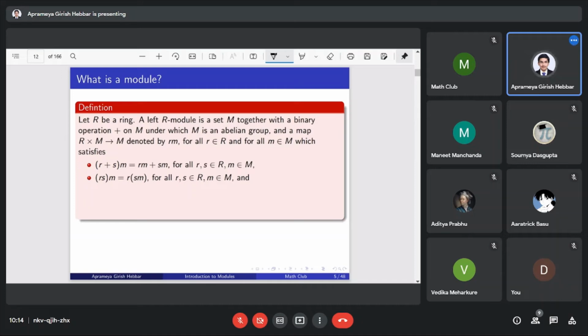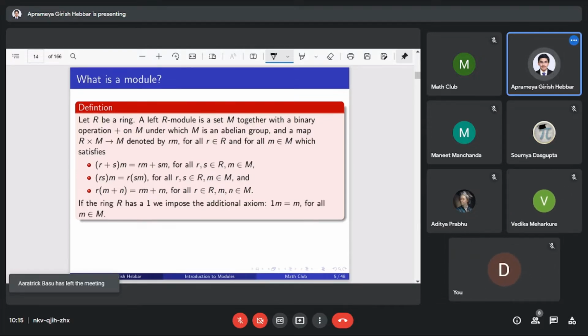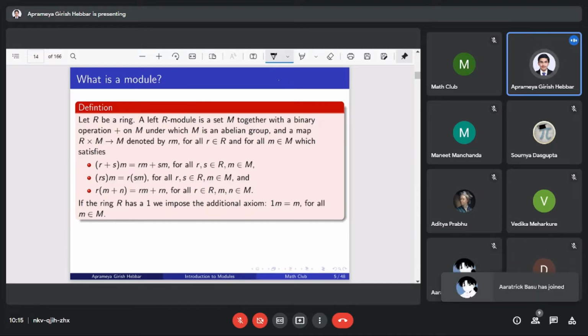Next is the associativity: (rs) times m is r times (sm). And finally, we need distributivity over addition: r times (m plus n) should be rm plus rn. Further, if the ring has identity element 1, then we impose the additional axiom 1m equals m. So 1 acts on the module element m, and 1m would be m.